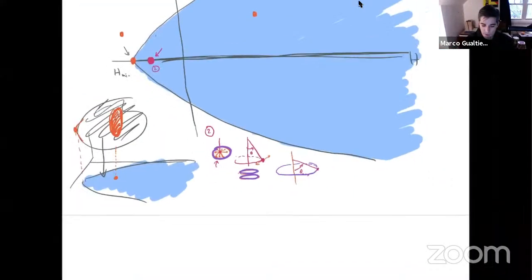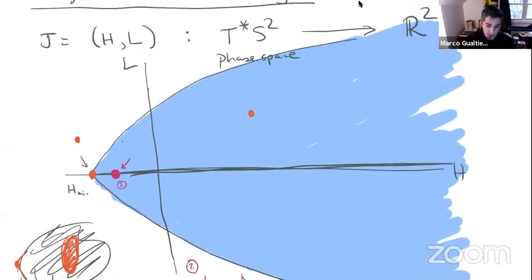So what does that mean? That means that depending on the angle, I start with a circle of possible states. I become 2 circles intermediate. And at the top, I have 1 circle.